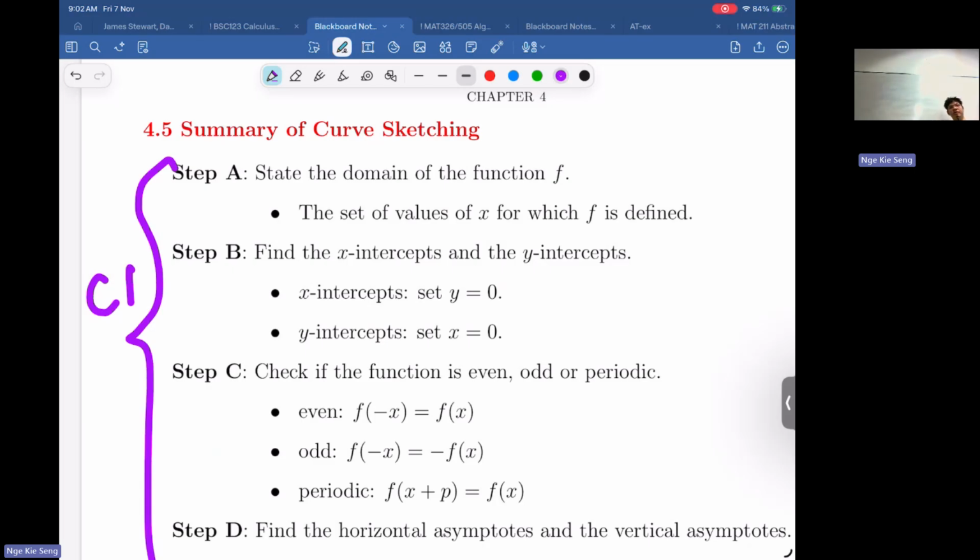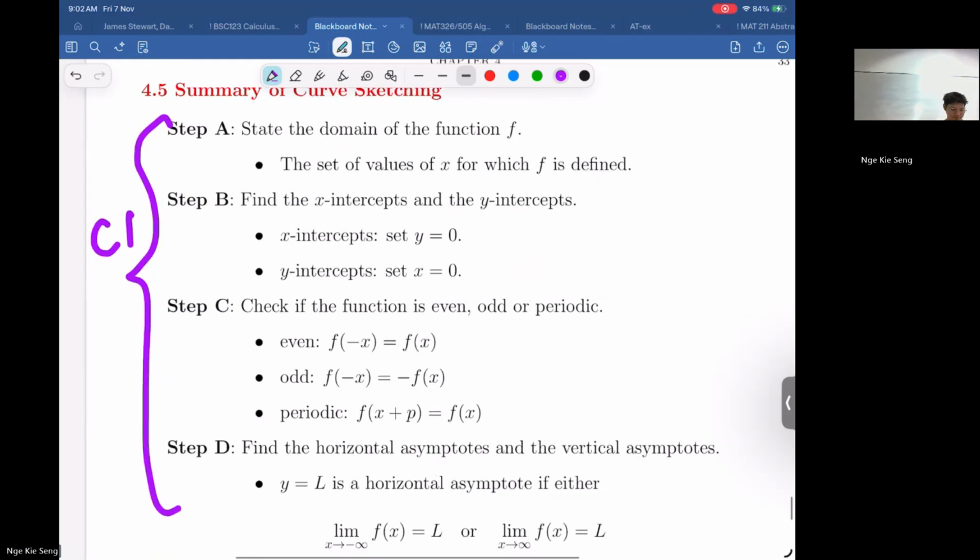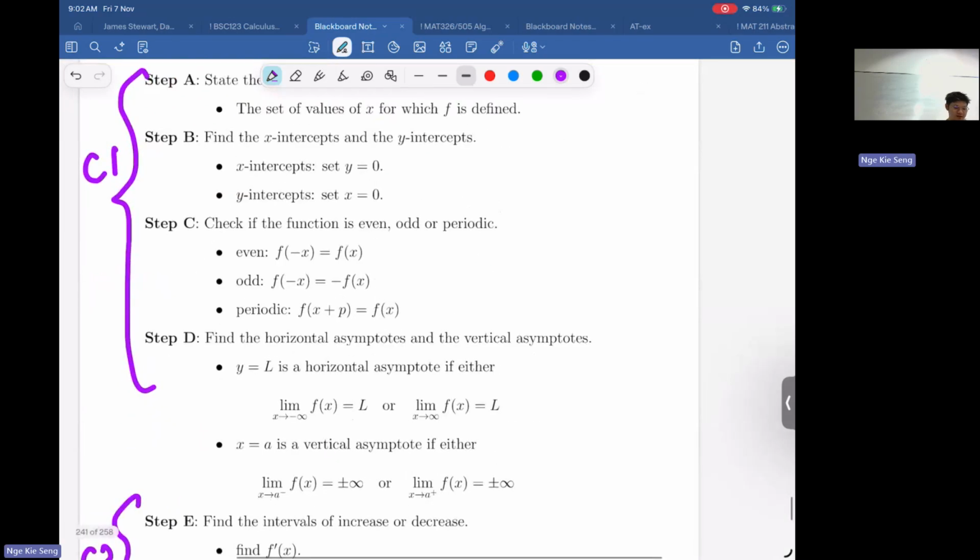Meaning, is it even, symmetric across the y-axis, or symmetric around the origin when it is odd? Or is it periodic, meaning it repeats the pattern for a fixed interval? And then D is to find horizontal and vertical asymptotes, where the function goes to infinity or approaches some horizontal line.